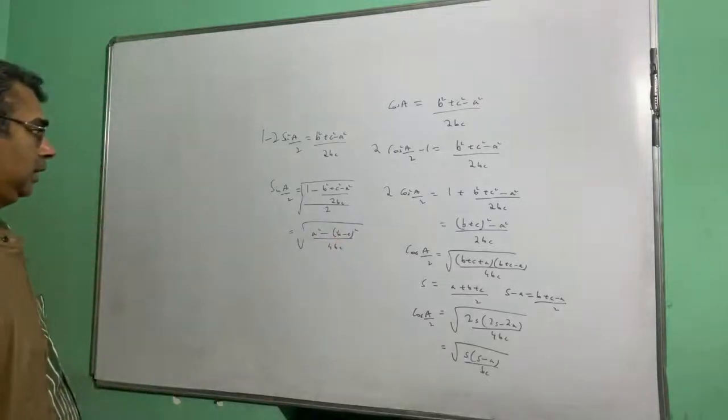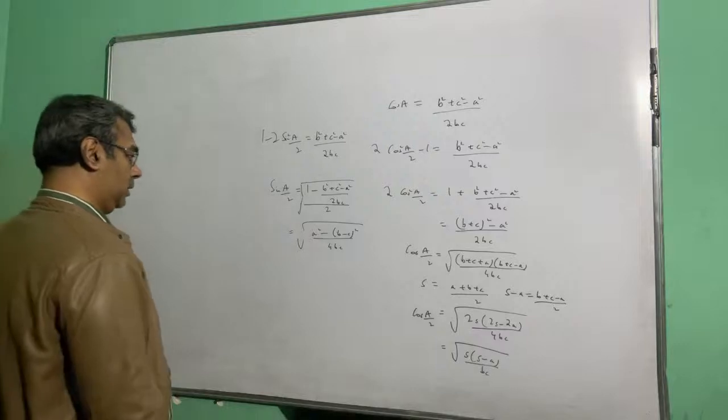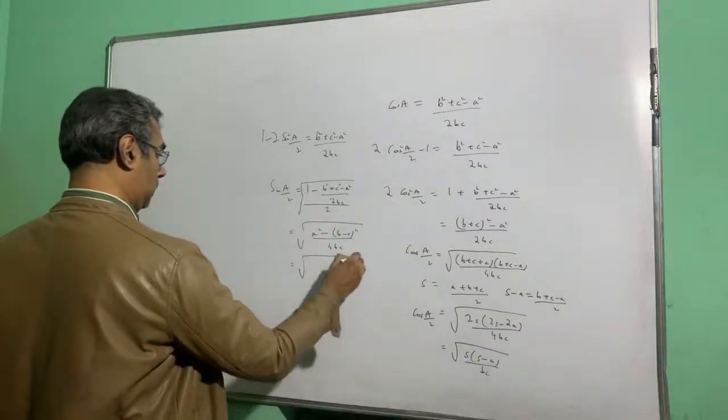So this is root over (a square minus (b minus c) whole square) by 4bc.